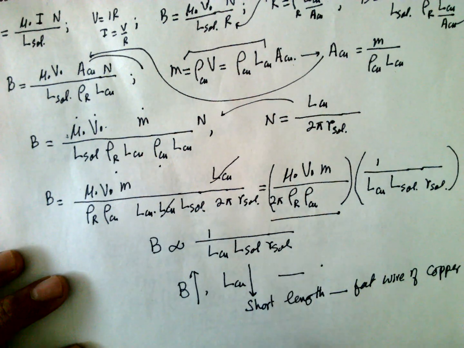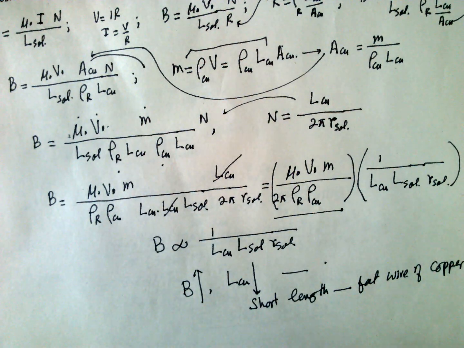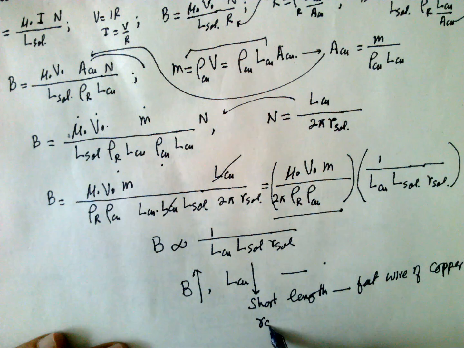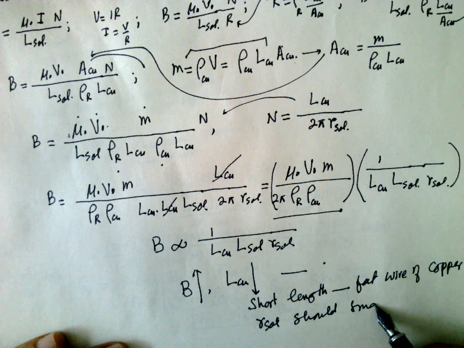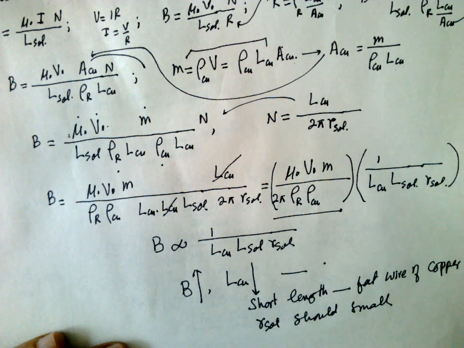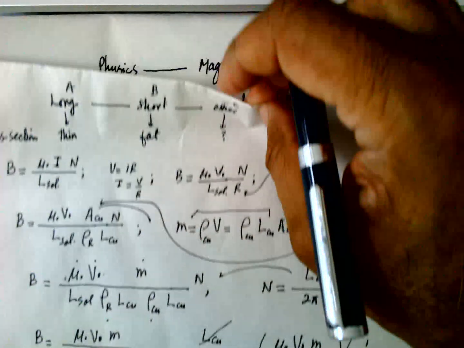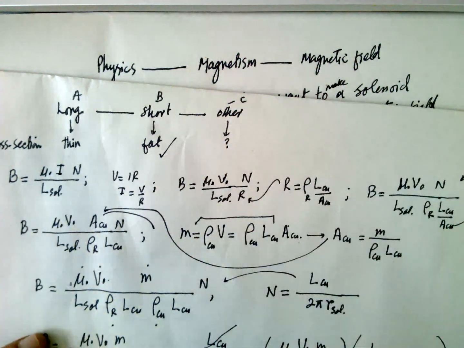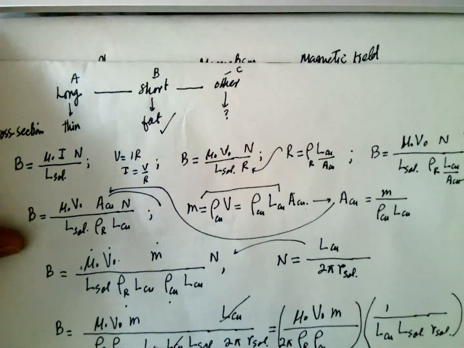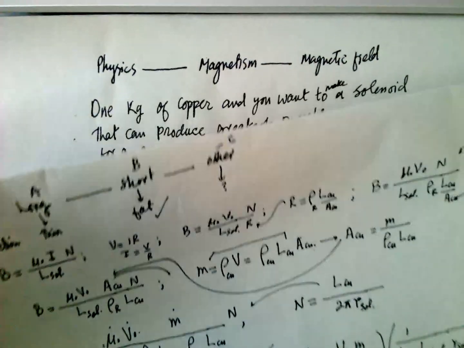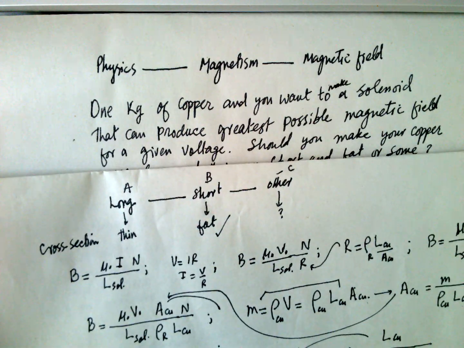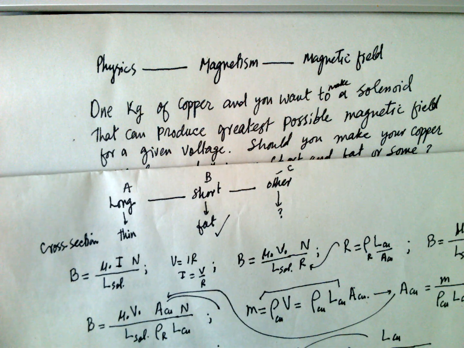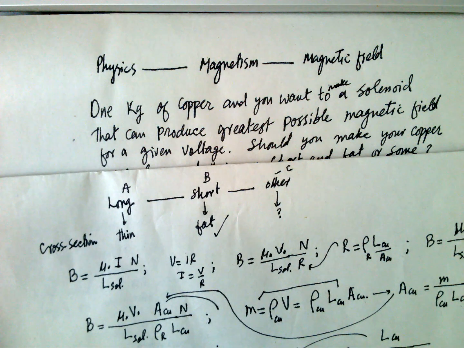And the solenoid length should be small, or the solenoid should be small. But this is the answer. So our answer is B. So this is the answer to the question: for a solenoid we have to use a thick copper wire.